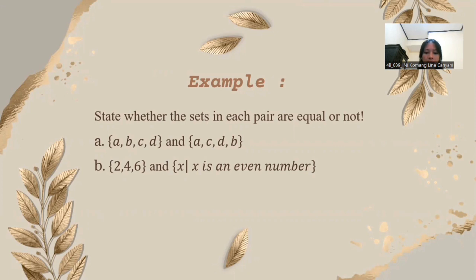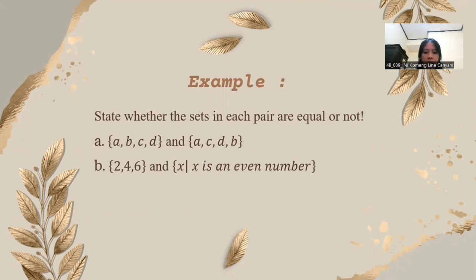So in the first set, we have the element A, which is in the second set. We have the element B, which is also in the second set. We have the element C, which is in the second set, and last we have the element D, which is in the second set. So all the elements of the first set are in the second set.